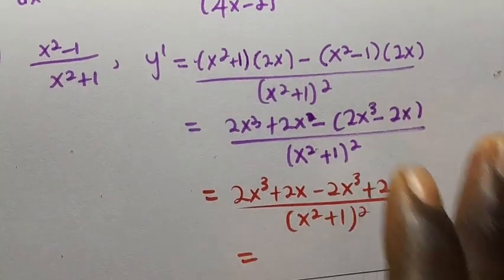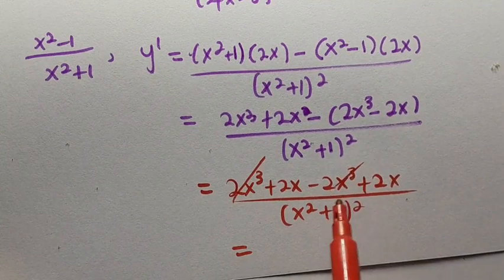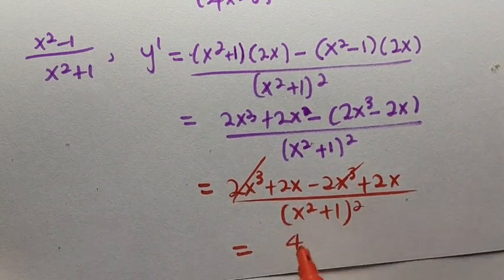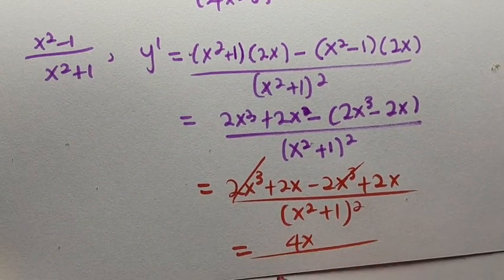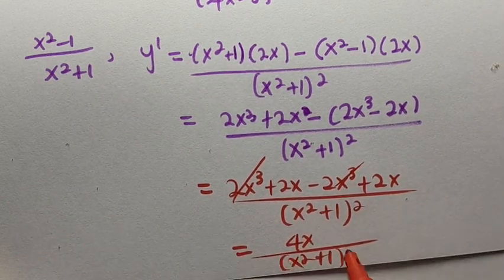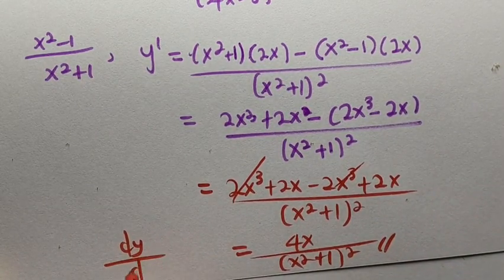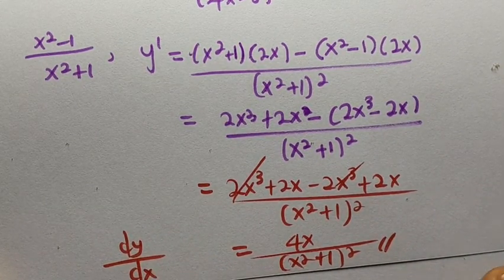We cancel this out. This plus this will now be 4x divided by (x squared plus 1) all square. And that's your dy/dx.